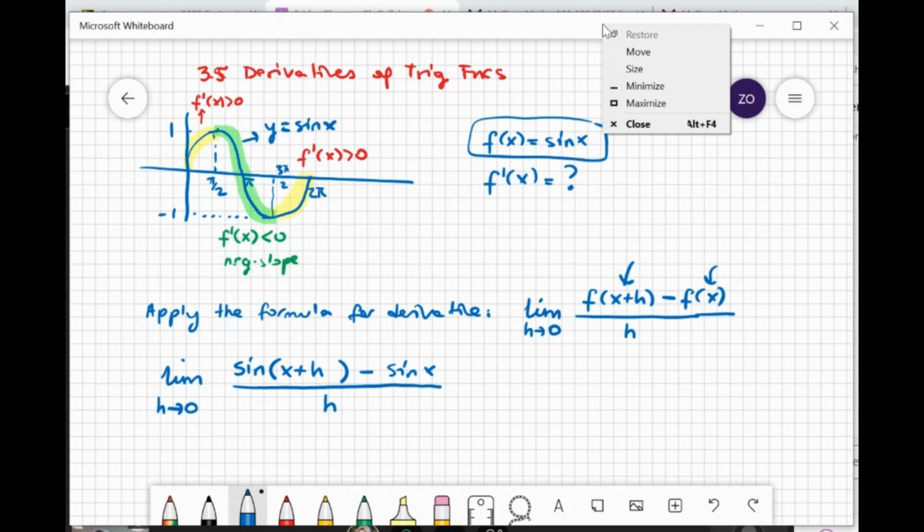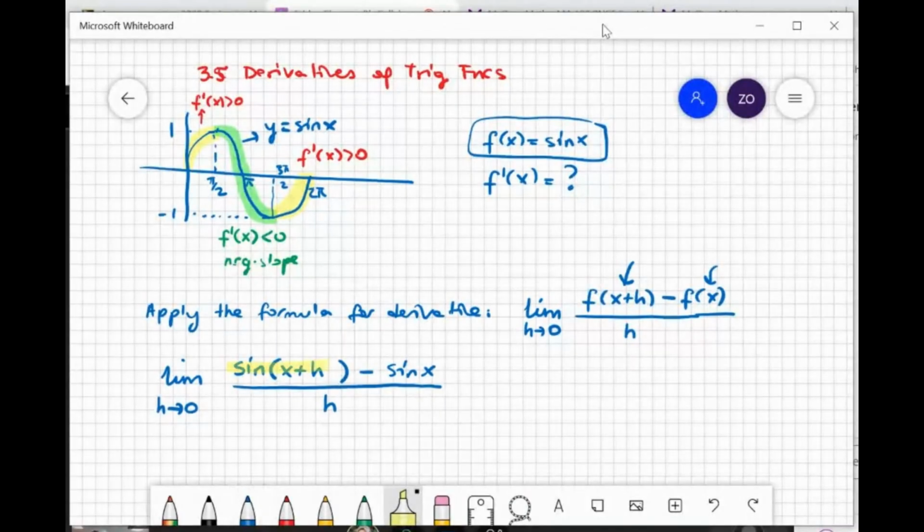divided by h. Here we will need to remember the rules for the sum or difference of angles, so the sine of a sum of angles. You have seen these rules in your trig or pre-calculus classes. You can check the textbook for the formula, but let me remind you.